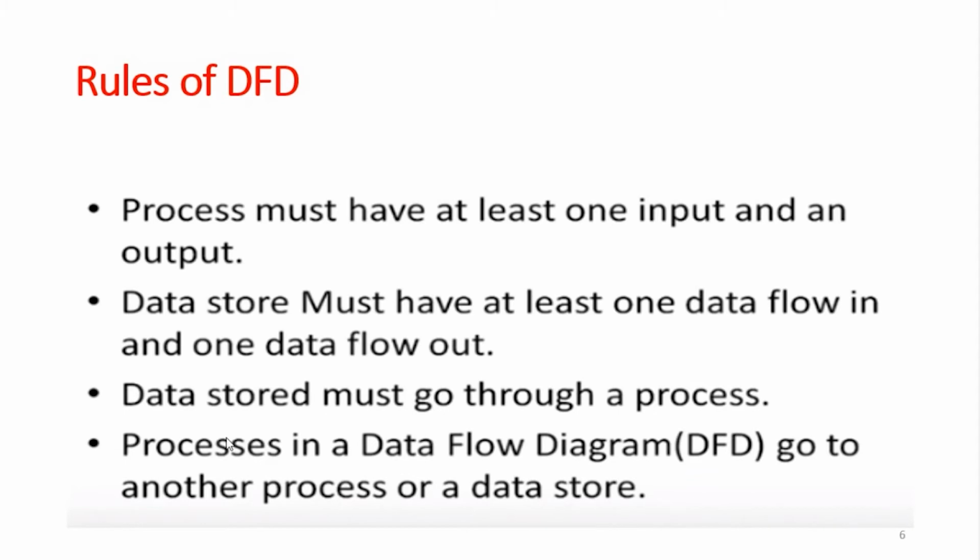But we have to remember that no data store should be there at level 0, right? And there should not be any direct data flow between two external entities or two data stores. Direct data flows, we can have between two processes.